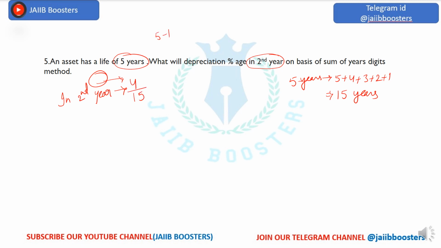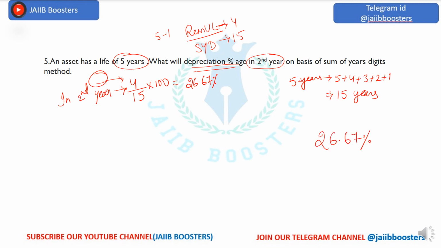So it would be 4 by 15 into 100, and the answer is 26.67%. The depreciation percentage in the second year is 26.6% for a 5 year life of an asset.